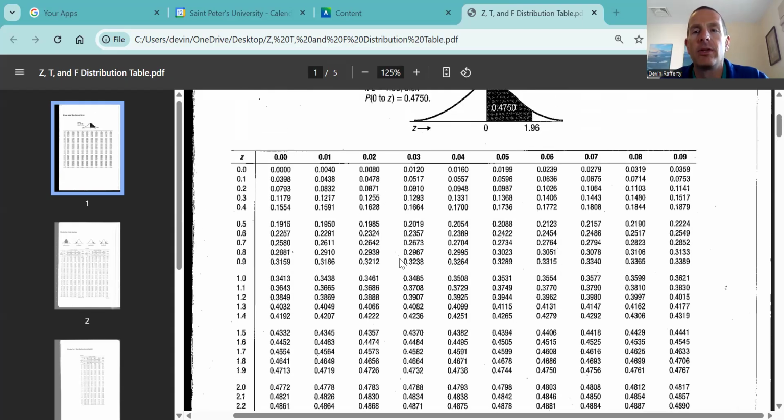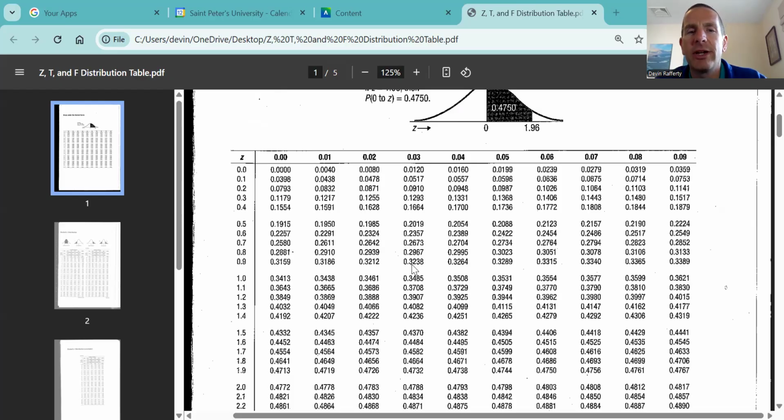Just to make sure we're clear here, if I had a z-score of 0.93, then I could do 0.9 and 0.03. That would be 0.3238, the area under the curve.